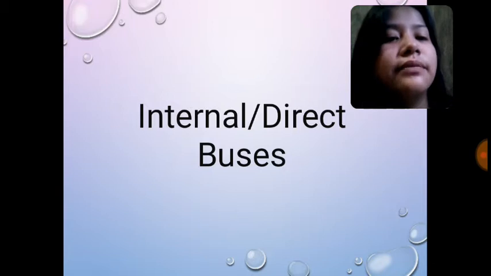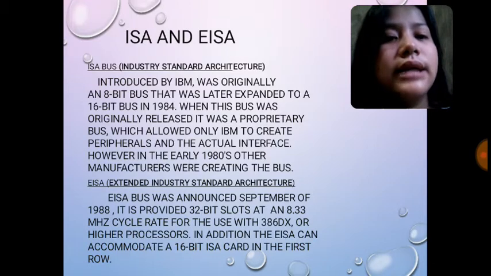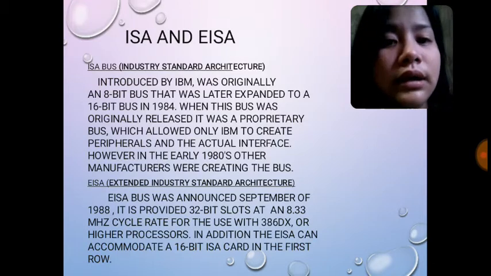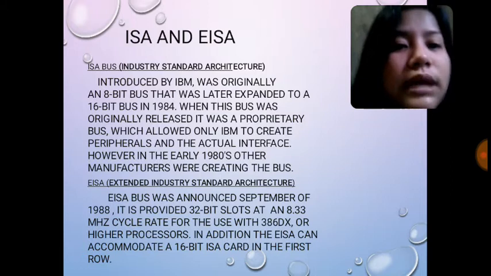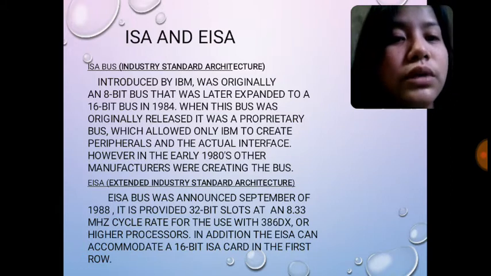Internal or direct buses. ISA and EISA. ISA bus or Industry Standard Architecture, introduced by IBM, was originally an 8-bit bus that was later expanded to a 16-bit bus in 1984.